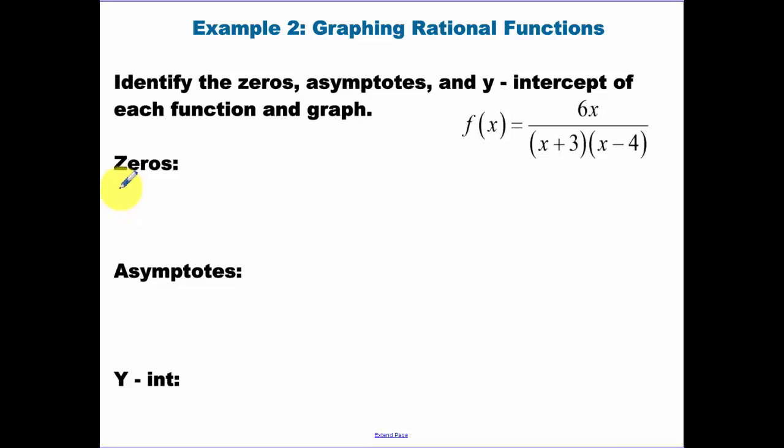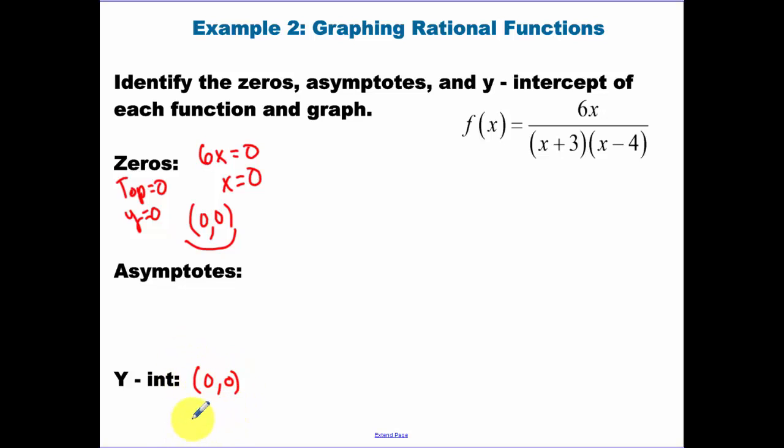Okay, zeros. That's when the top equals 0. Or when y equals 0, which means the top equals 0. So 6x equals 0, or x equals 0. So again, I have my origin as one of my zeros. That means that my y-intercept is also 0, 0.